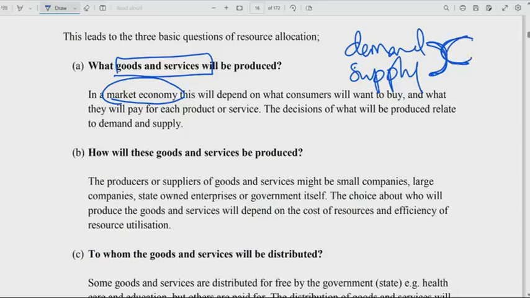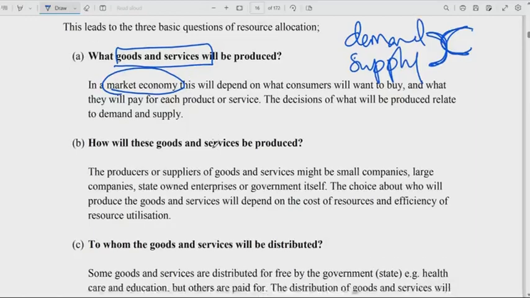We're looking at one perspective: if the system is a free market economy, then what to produce will be determined by these two forces. But in general, this question is to look at what kind of products we can prioritize, or what we should produce. If it is a free market economy system, the forces of demand and supply will determine which services or goods to be produced.